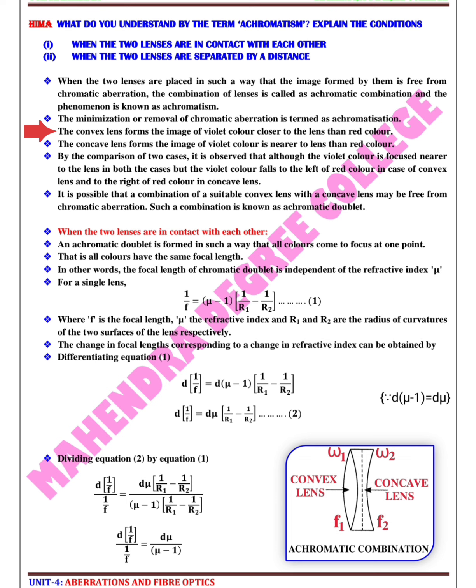Therefore, the violet rays come to focus closer to the lens and red rays focus further away. This causes chromatic aberration, where different colors focus at different points, creating color fringes in images.